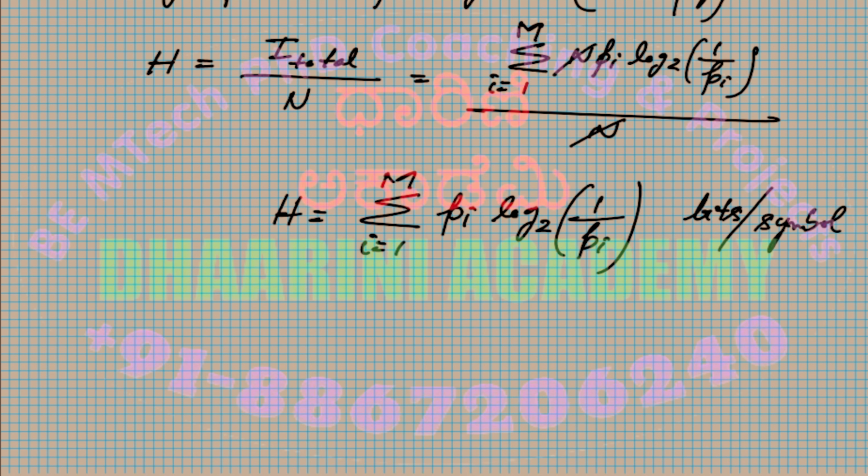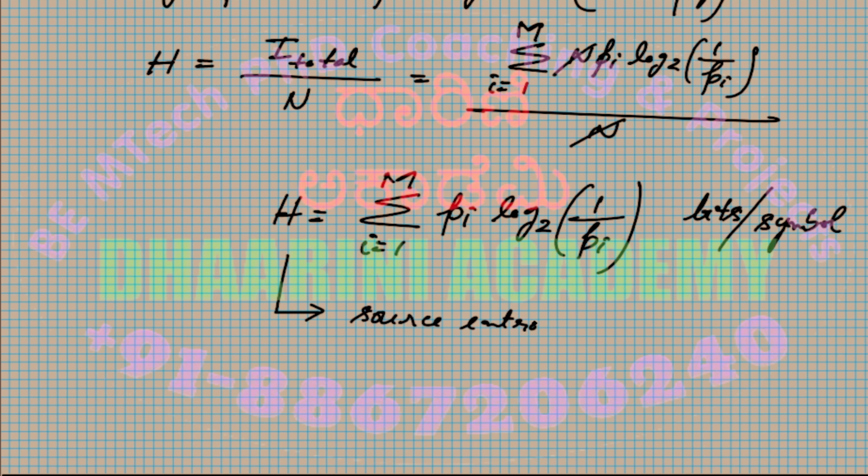All right, so the H is also called simply entropy, or some of the authors will call it the source entropy. So when the question says find the source entropy of the system, you are supposed to do the calculation of H only. Okay, don't get confused.